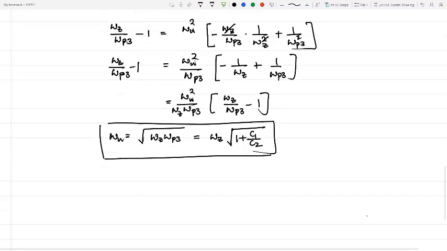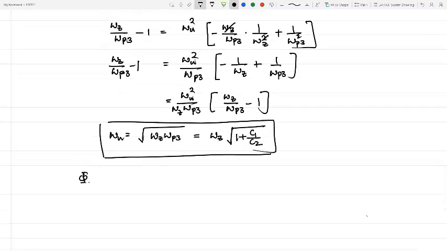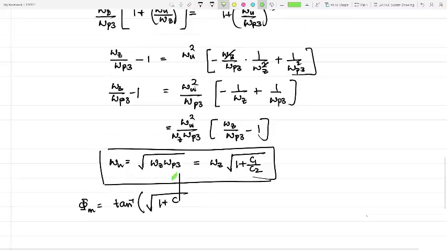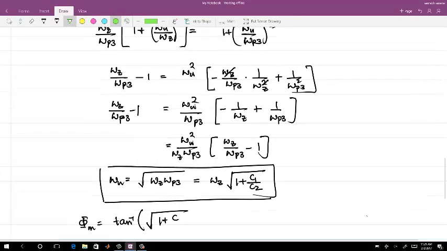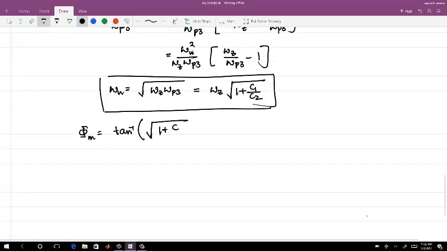But till now I have not put the phase margin which I want. So now phase margin is equal to tan inverse of omega u by omega z, which is under root of 1 plus c1 by c2, and the other part is, we have just seen that omega p3 is equal to omega z times 1 plus c1 by c2.